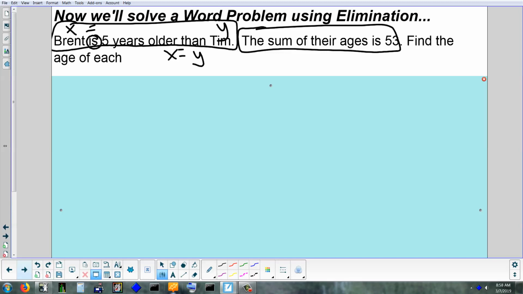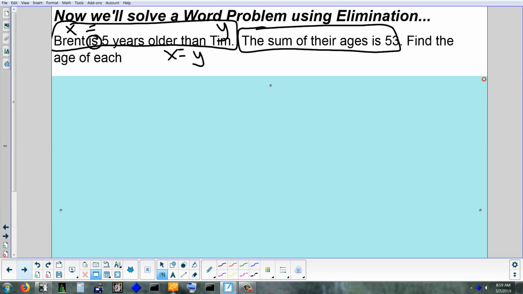All right, 5 years older. How would I express that? Ellie? Plus 5. Right, Chris, plus 5. To get from Tim's age to Brent's age, you have to add 5. 5 years older, so you're going up in age.